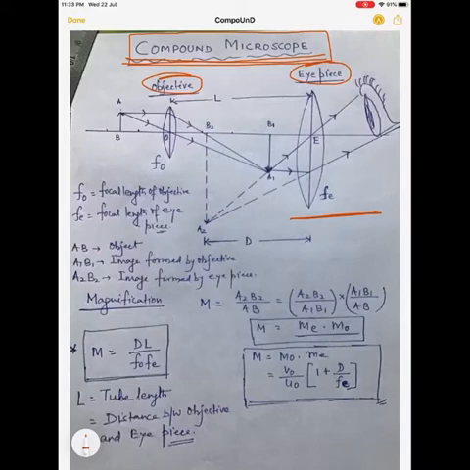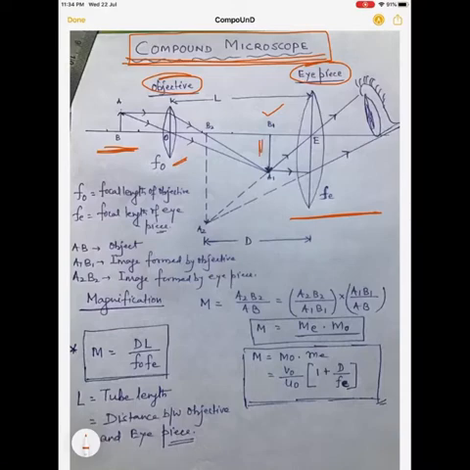So we have to create an enlarged and real image that can be used as an object for the second lens. For that we have to place an object AB between f and 2f of the objective lens, and as a result A1B1 is the image formed by the objective lens beyond 2f, and the image is real, inverted and enlarged.